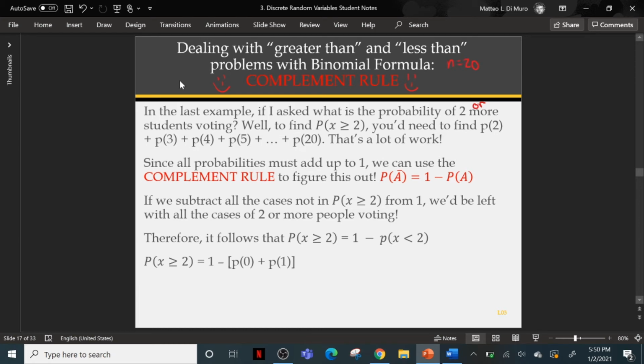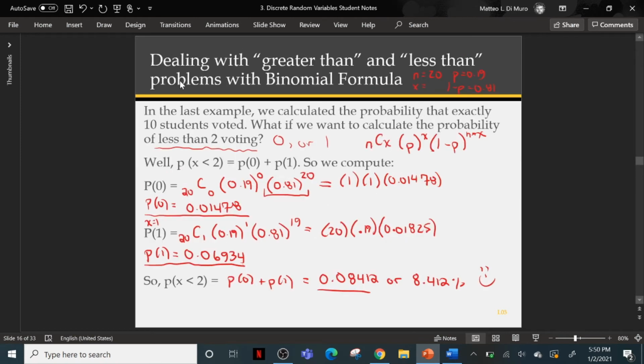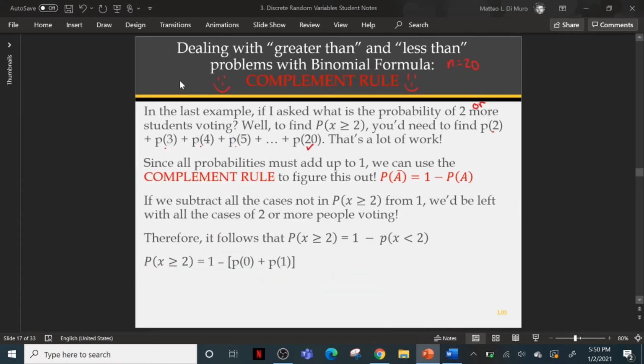Okay, so for X greater than or equal to 2, if you use our last method, you're going to have to figure out the probability of 2 plus the probability of 3 plus the probability of 4 plus the probability of 5 plus all the ones in between till you get to the probability of 20. So I don't know how you feel about doing 18 calculations that look like this, but I think that's a nightmare. Okay, that's a lot of work. I'd never ask you to do that much work on a single question in a test.